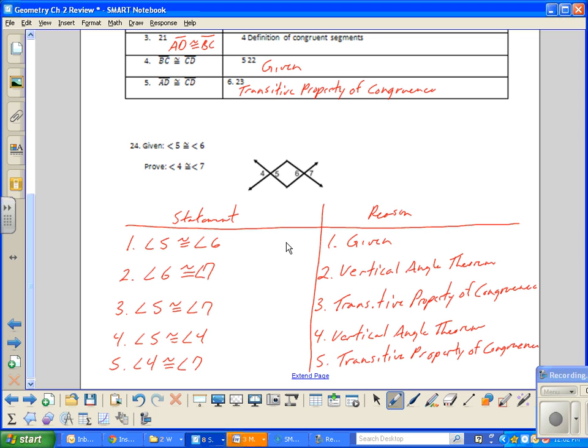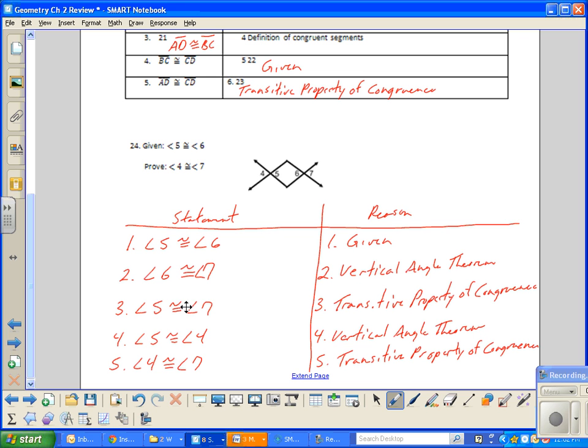And when we look at 6 and 7, we can see that those are vertical angles, and by the vertical angle theorem, 6 and 7 should be congruent. So then, since 5 is congruent to 6, and 6 is congruent to 7, we can say that 5 and 7 are congruent to each other, because they're both congruent to 6. That's the transitive property of congruence.